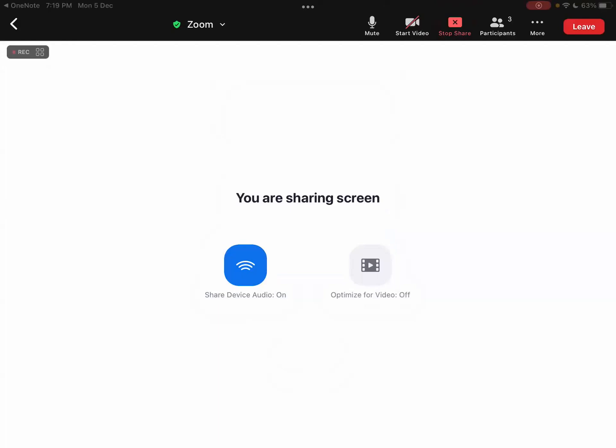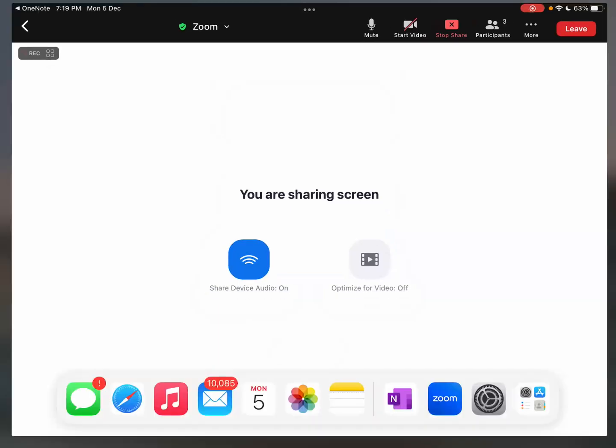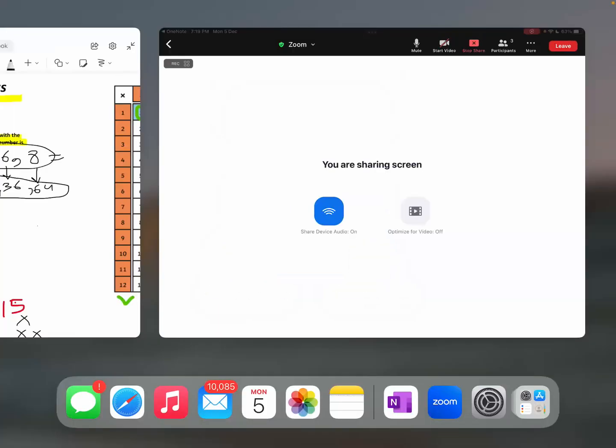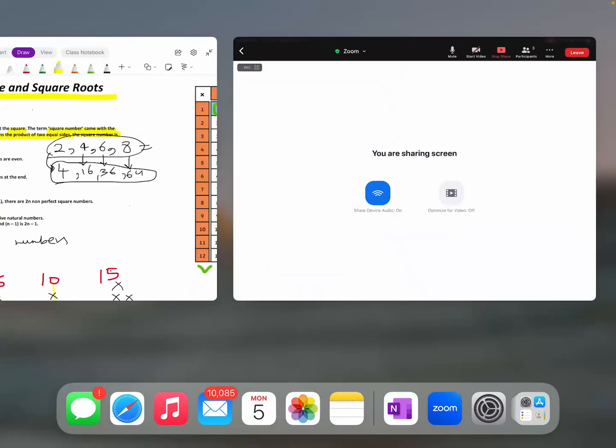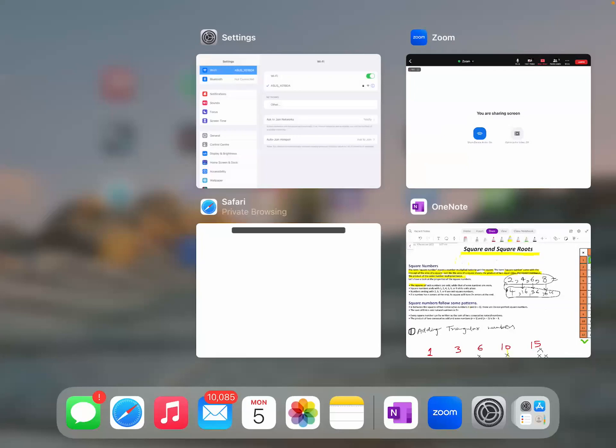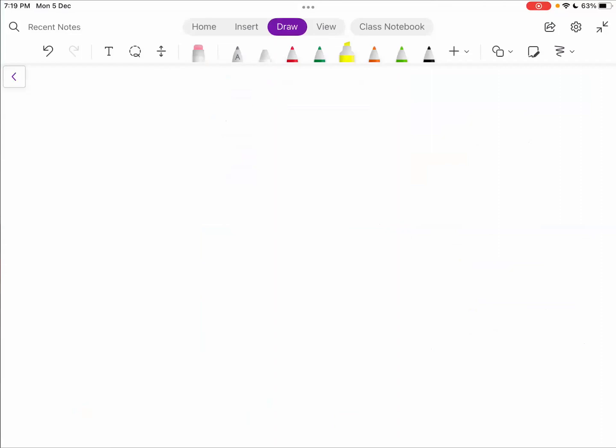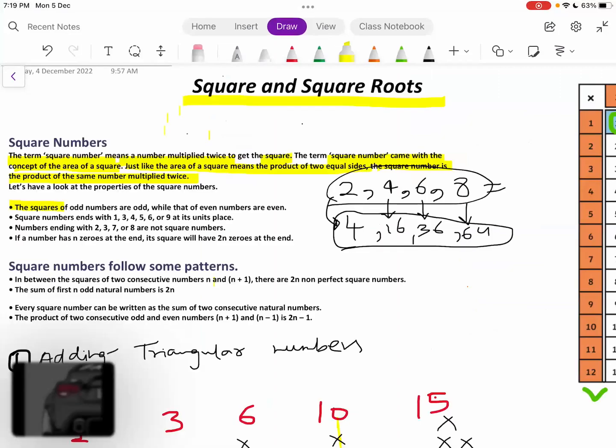Okay, sorry about that. So you see, the first property we see is that the squares of even numbers are also even. And what about odd numbers? Let's say you have 3, 5, 7, 9.